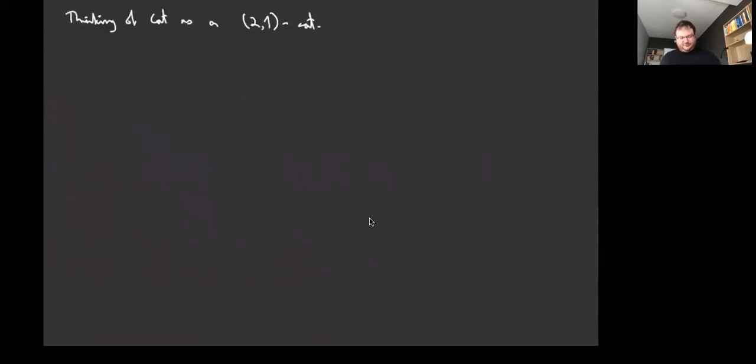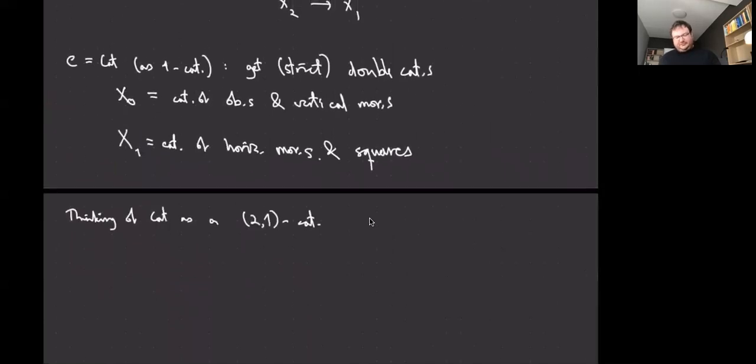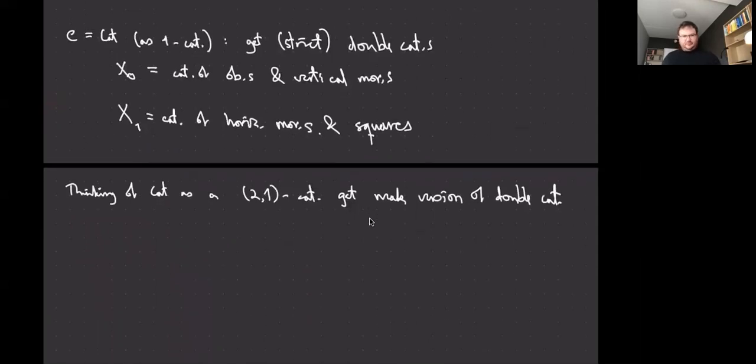Then that corresponds to a weaker notion of a double category. Right, so that's one way of describing double categories as category objects, but we can also now upgrade from categories to infinity categories to get a notion of double infinity categories.